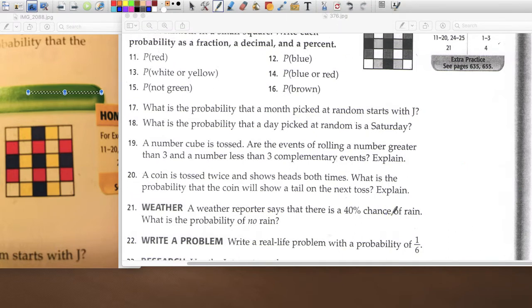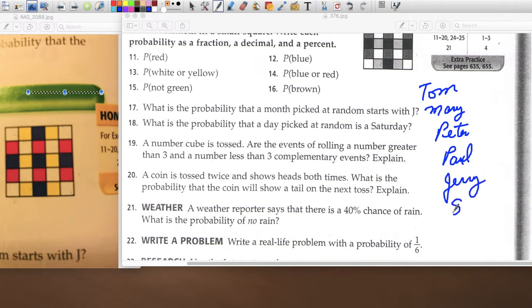Write a real life problem with a probability of 1 out of 6. Okay, if there were 6 students, I'm going to write Tom, Mary, Peter, Paul, Jerry, and Simon.